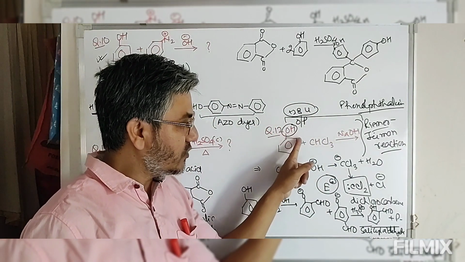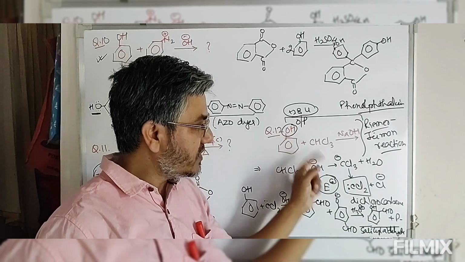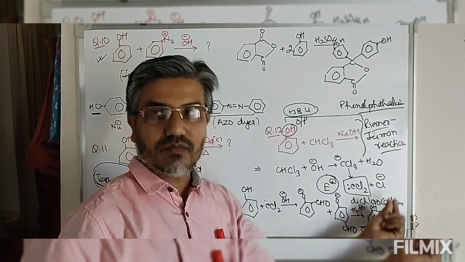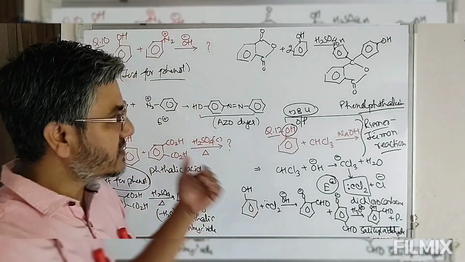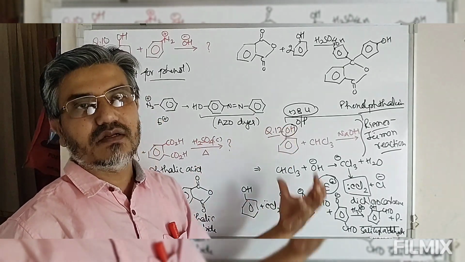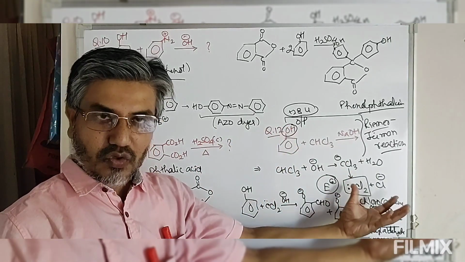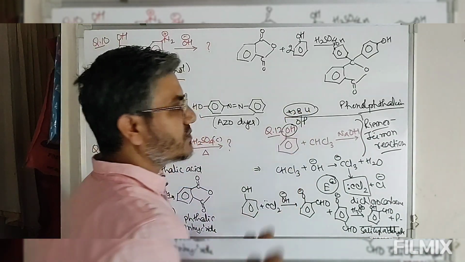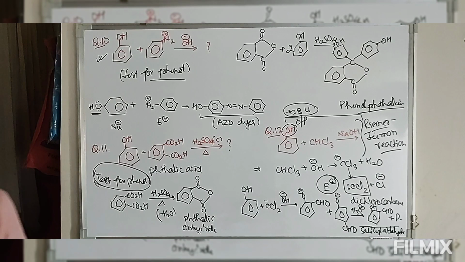Because look at this, there was one hydrogen, and instead of this we are introducing C double bond O. The mass of CO is carbon 12, oxygen 16, this is 28. So there is an increase in mass by 28 units in the Reimer-Tiemann reaction of phenol with chloroform in presence of alkali.